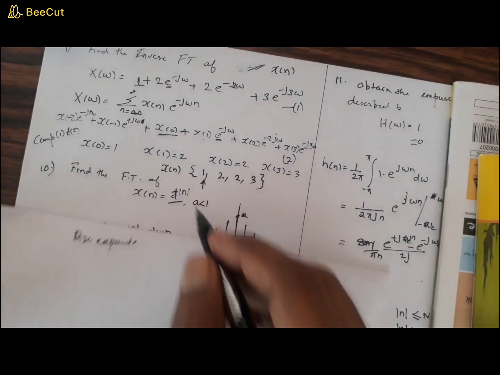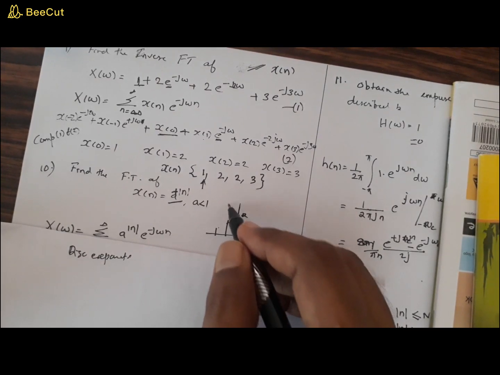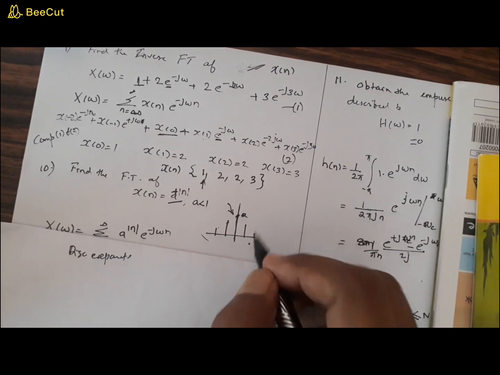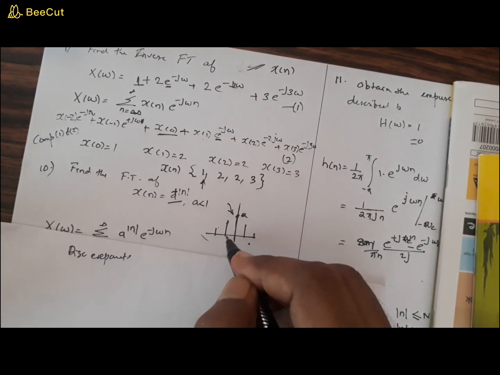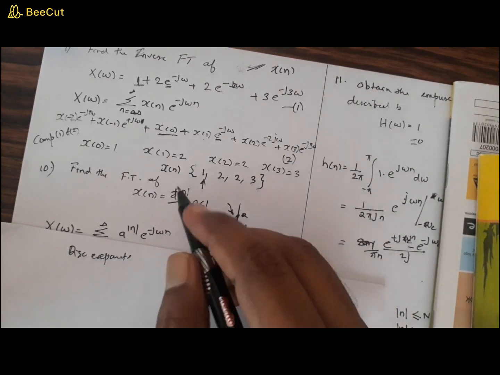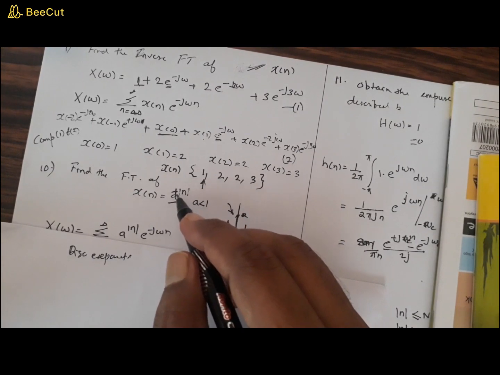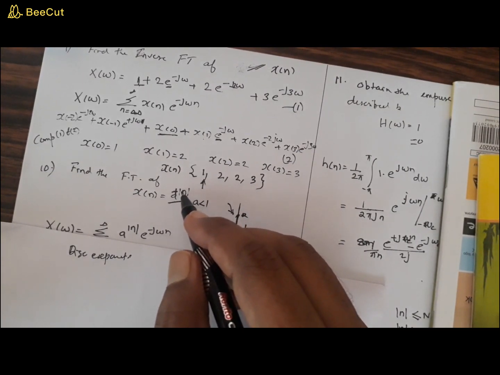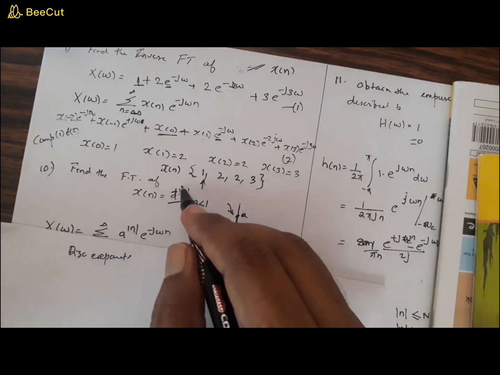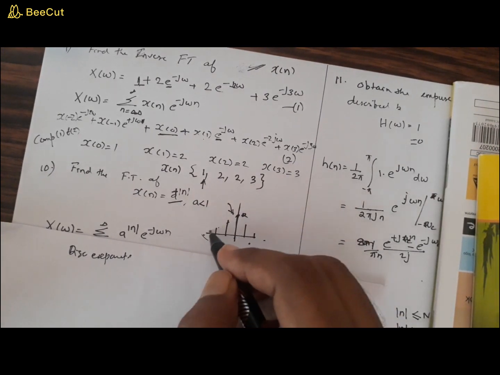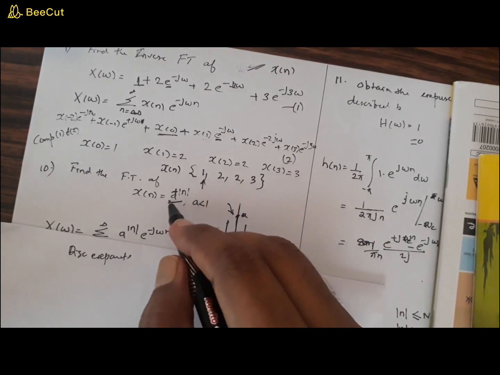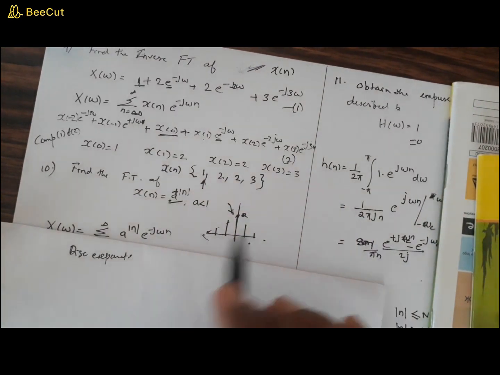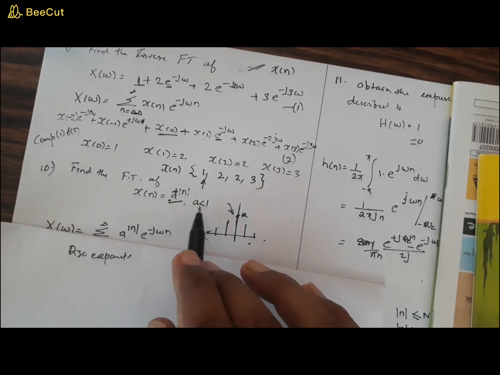Now if a raised to plus modulus n should represent this, whether n is negative or positive, it will be modulus n, so it will take only the positive value. So a raised to plus n. Now if this signal needs to follow this, what must a be? a has to be less than 1.